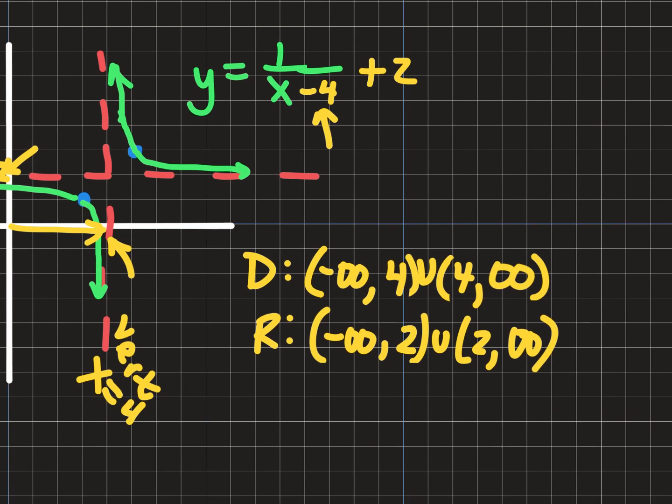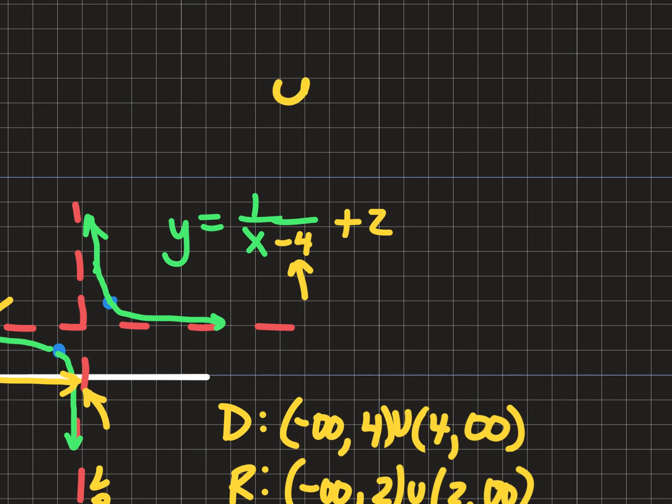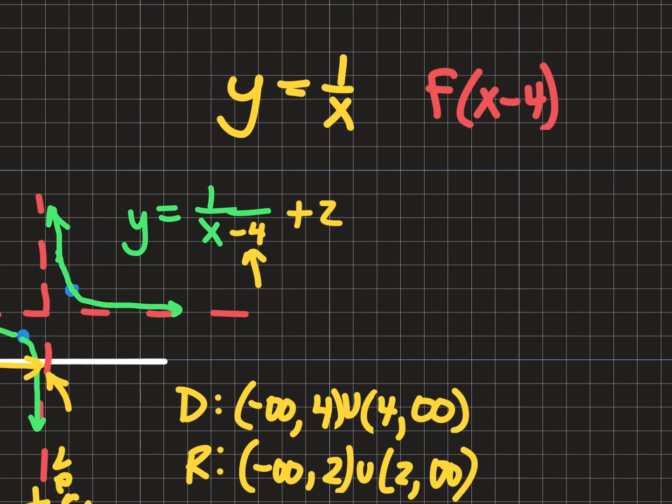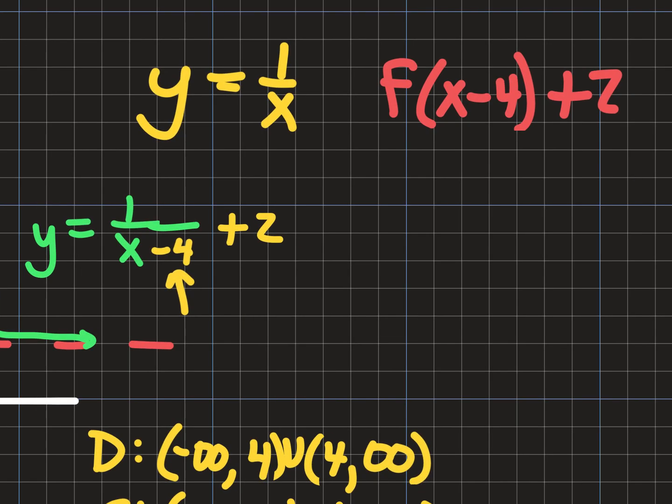Okay, so what would be another question we could ask you? We could say, here was the equation y equals 1 over x. If you do this to it, what do you get?